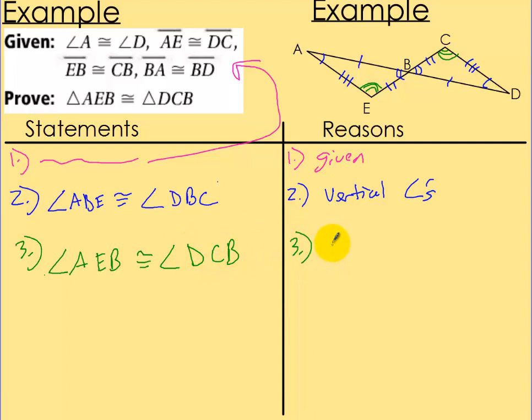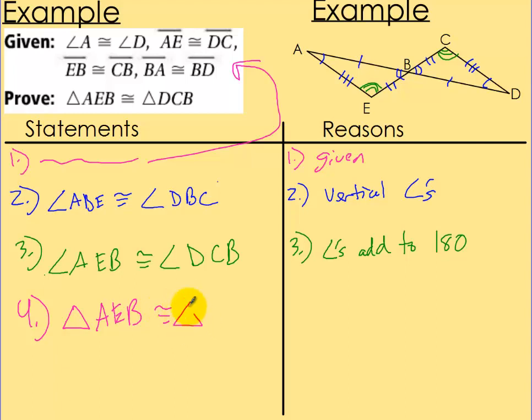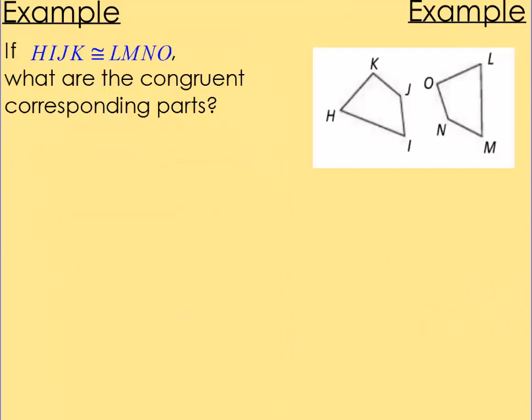Because angles of a triangle add up to 180. So now that I know all the sides and all the angles, I can say the end: triangle AEB is congruent with triangle DCB. Why? Because all sides and angles are congruent. There you go. Okay, pause the video.